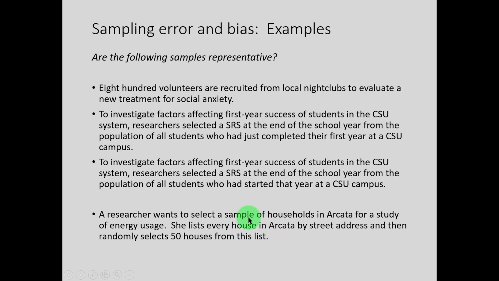This researcher wants to get a sample of houses across Arcata. It doesn't seem that she's going to neglect any household or dwelling by listing all the addresses and randomly selecting from that list. So this one seems pretty good. Thumbs up. One more.